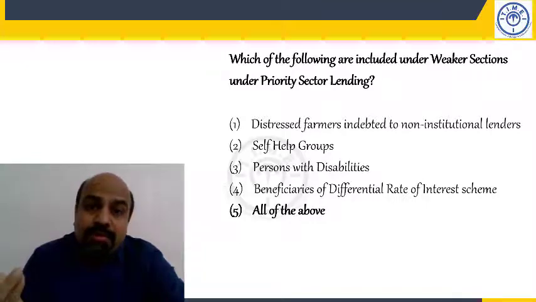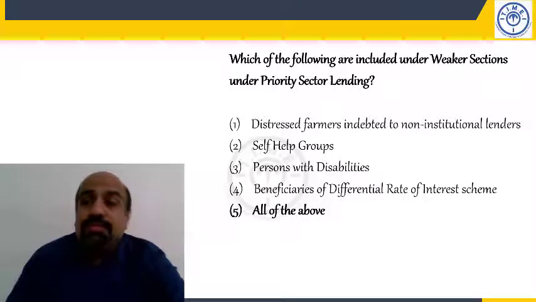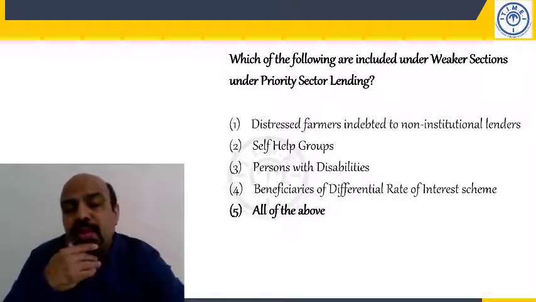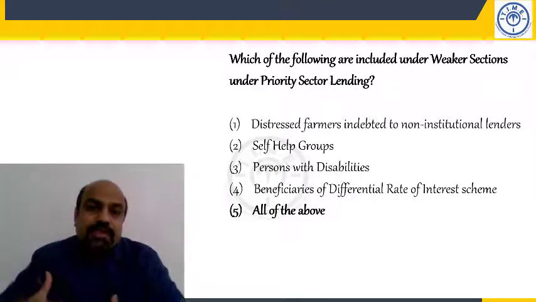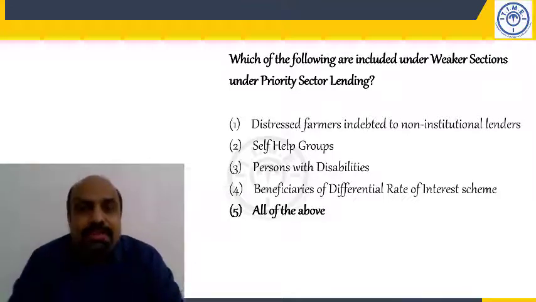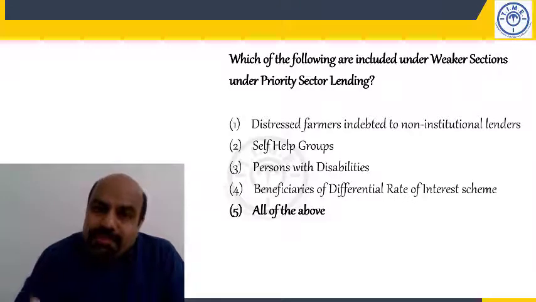Let's say I want to become an auto driver because I don't get employment, but how will I get a loan? So this kind of loan can help me a lot. Because if I have an auto, I will be able to drive it around, take customers, transport them, earn money, and bring income to the family, which would mean that it puts food on the plate.